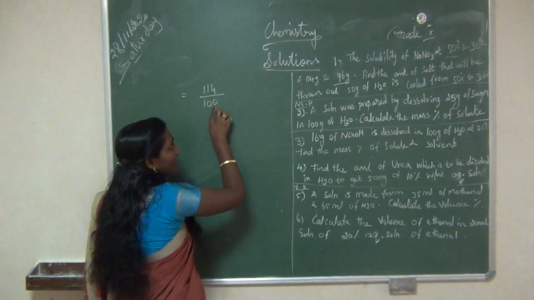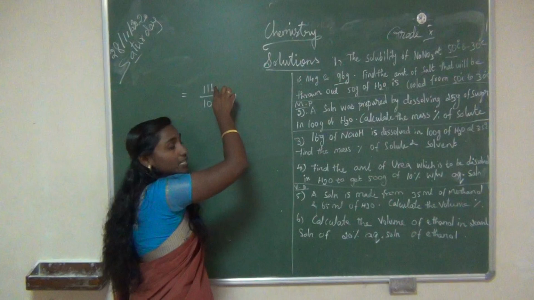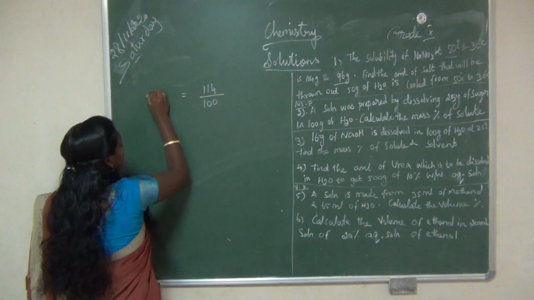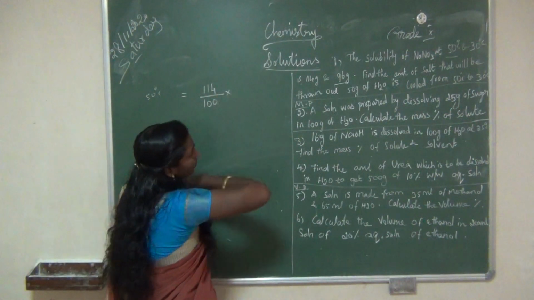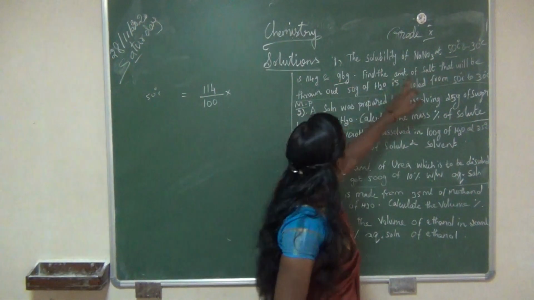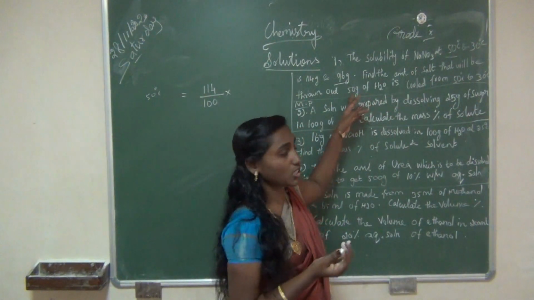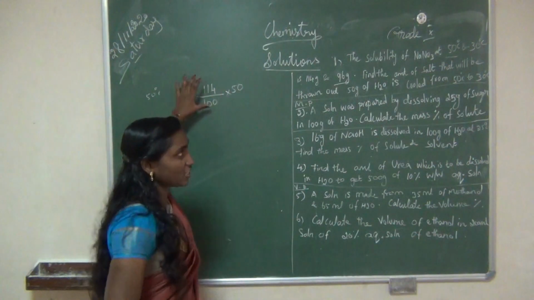That means 100 gram of water can dissolve 114 gram of salt at 50 degrees Celsius. Therefore, 50 gram of water can dissolve how much gram of salt? So, into 50. Have you understood this first step?